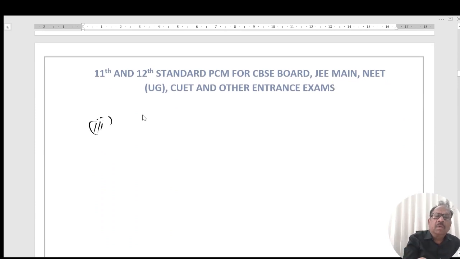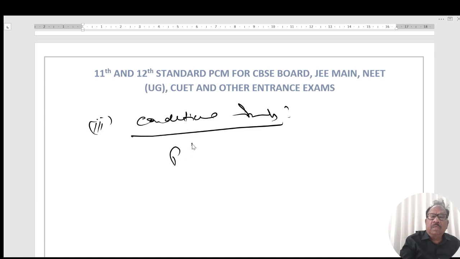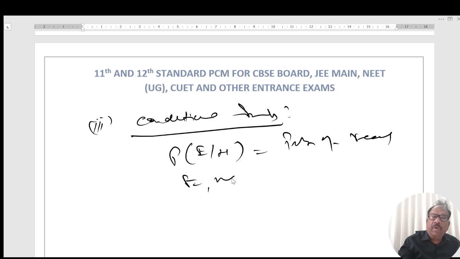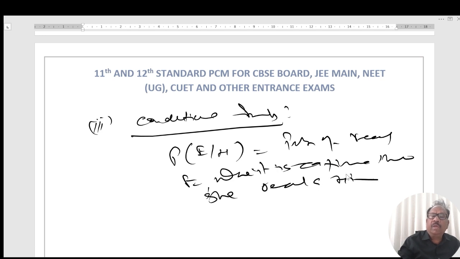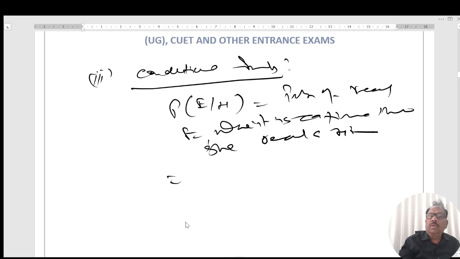P(E|H), the probability of reading English when it is confirmed that she reads Hindi, equals P(E ∩ H) over P(H).